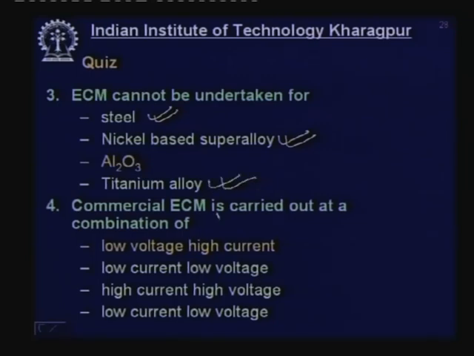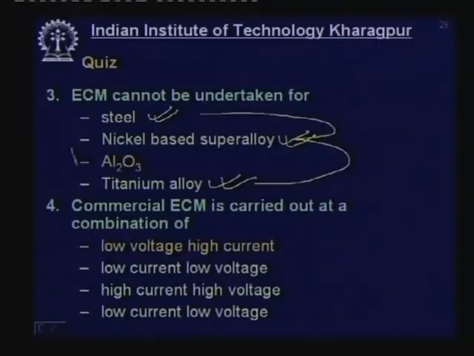The same goes for titanium alloy, though their thermal conductivity is low, they are good electrical conductors. So, these three can definitely be machined, because one of the basic requirements of electrochemical machining is that your work material has to be electrically conductive. Out of the given four options, steel, nickel based superalloys as well as titanium alloy satisfy that criterion.